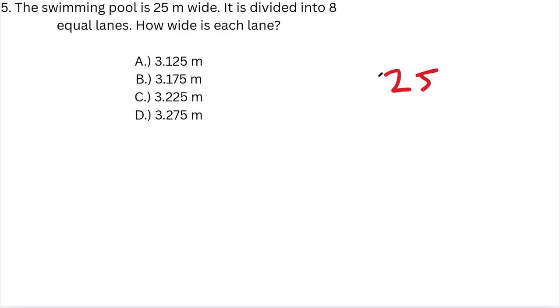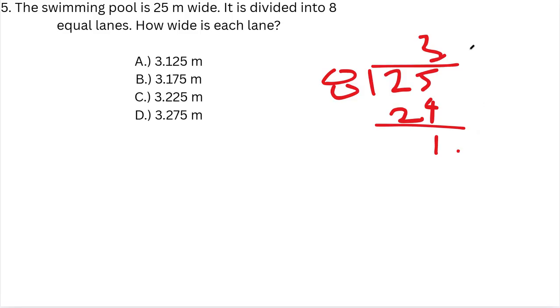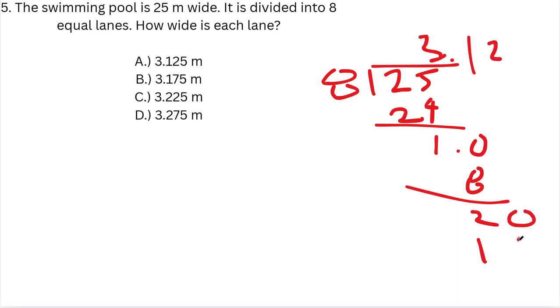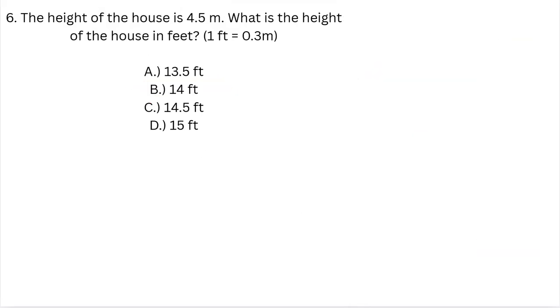But let's try to do it. 8 goes into 25 3 times, with 1 left over. Then 8 goes into 10 once, with 2 left over. 8 goes into 20 twice, with 4 left over. 8 goes into 40 5 times. So the answer is 3.175 meters.